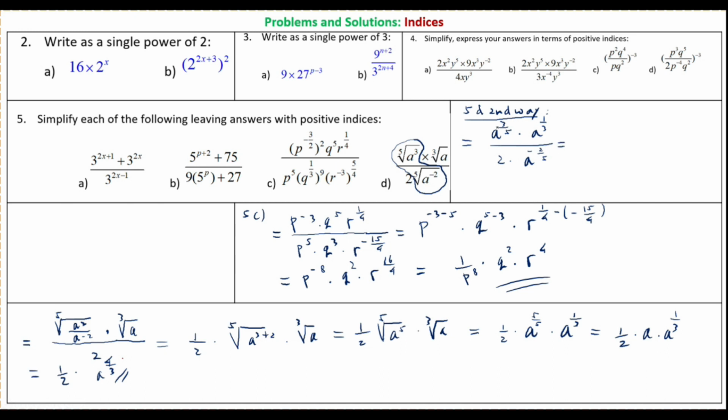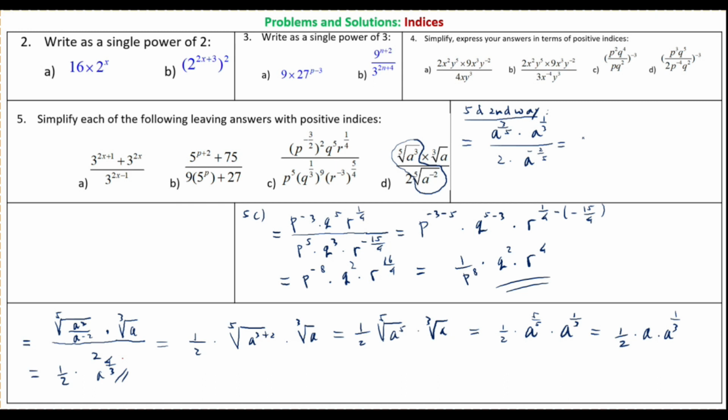And that equals, so we have here multiplication of two numbers with the same base. We add the indices, and then that involves division as well. Dividing two numbers with the same base, we subtract indices. So it involves multiplication and division. So we add the two indices and subtract the last index here.